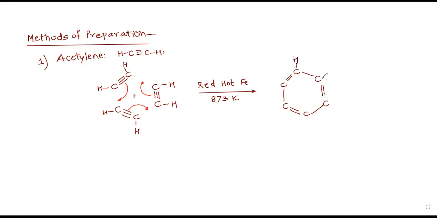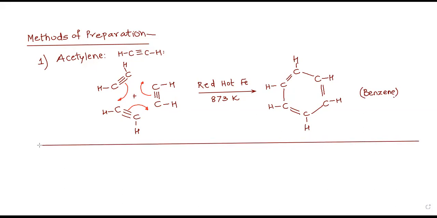Don't forget all the hydrogen atoms outside. If you have understood, this is structure of benzene we have got. Have you all followed a magical reaction? Very, very simple. This is the way you need to remember. Please take a screenshot.